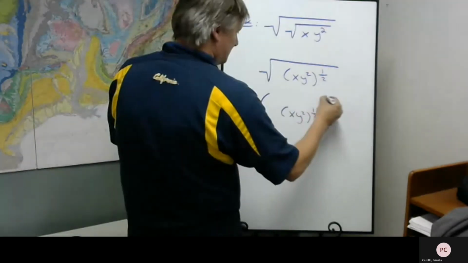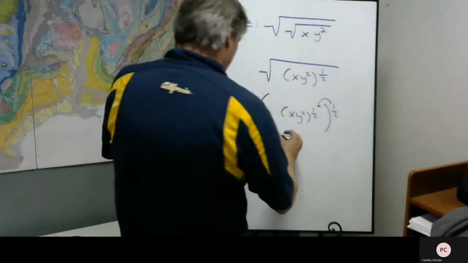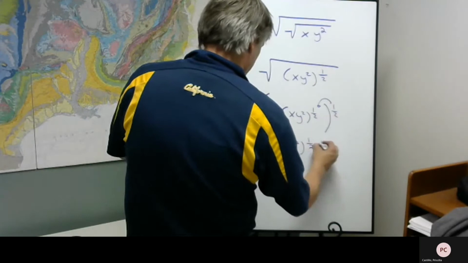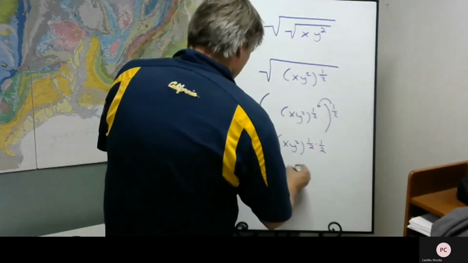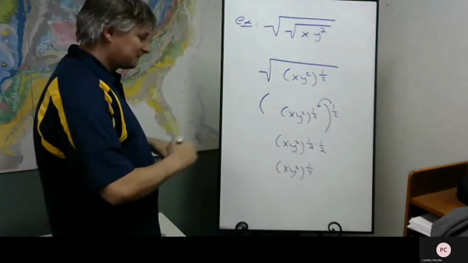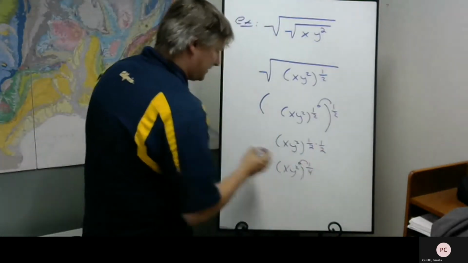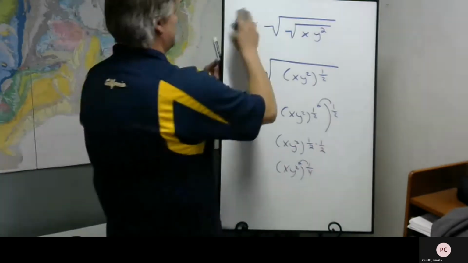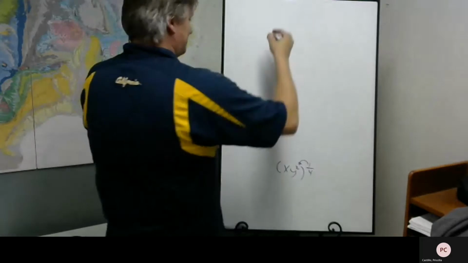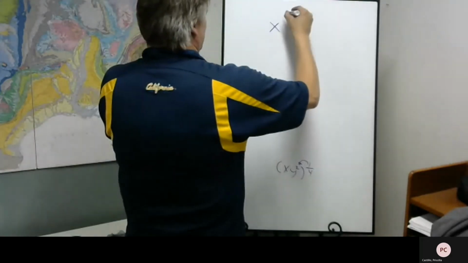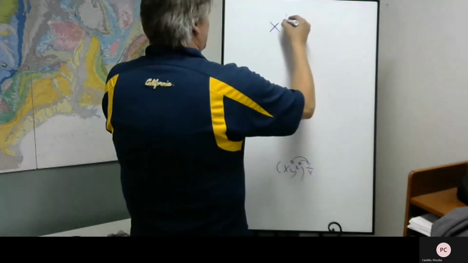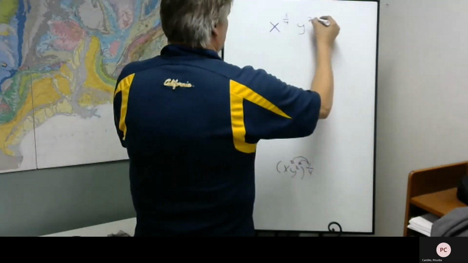Now we could distribute this, and that'll give us xy squared to the 1/4. And then we can distribute this. So we get, it's going to go here to both of these actually. X to the 1/4, y to the 2 times 1/4.